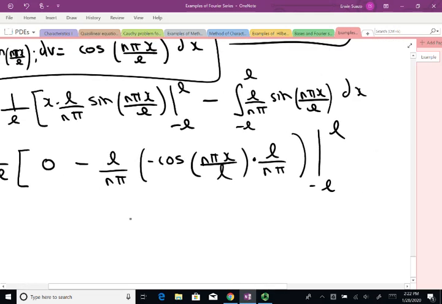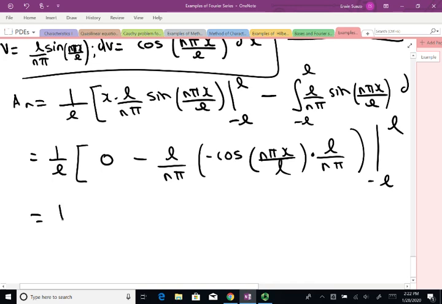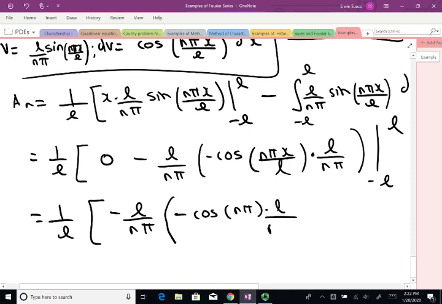So if I didn't make any mistake here, I'm getting 1 over L and then minus L over n pi, and then I need to plug in L. When I plug in L, I got minus cosine n pi L over n pi, and then plus cosine of n pi L. So cosine is even, so minus in the minus doesn't matter.